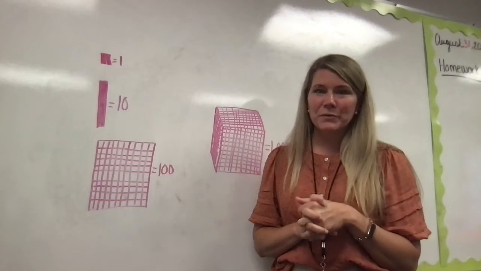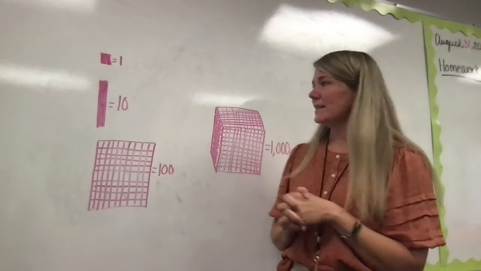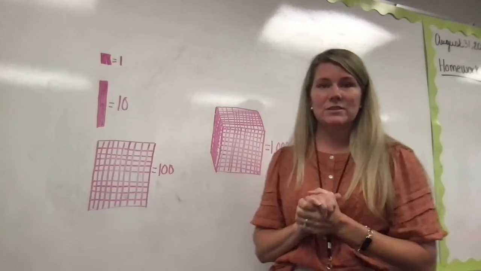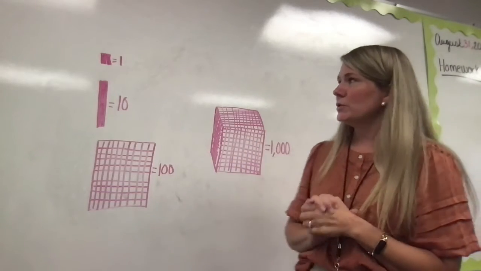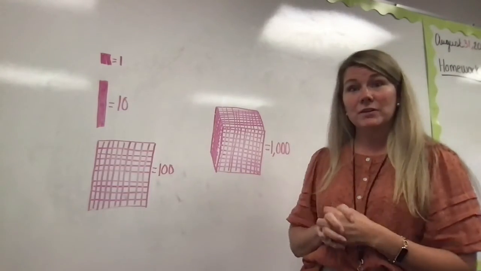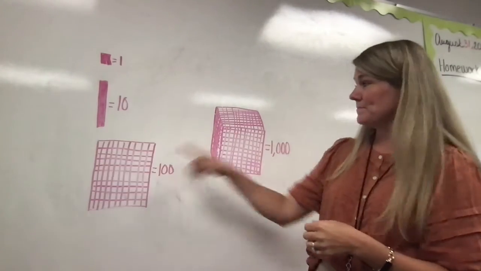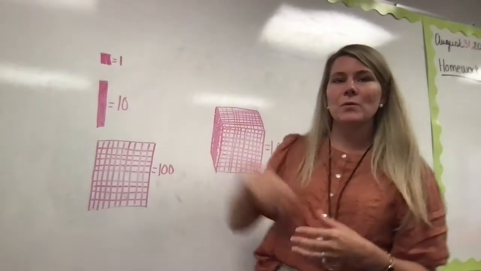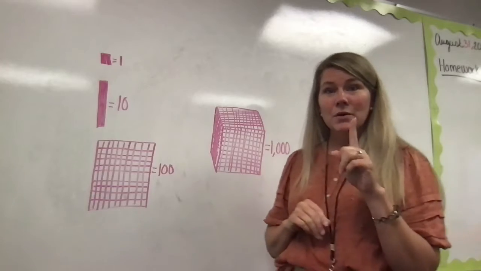Right, guys, today we're going to be comparing numbers as well as looking at 4 and 5 digit numbers. When you were with me last week, we started learning about the place values and what it looks like in these visual representations of numbers. So if we have 1 cube, that equals 1.